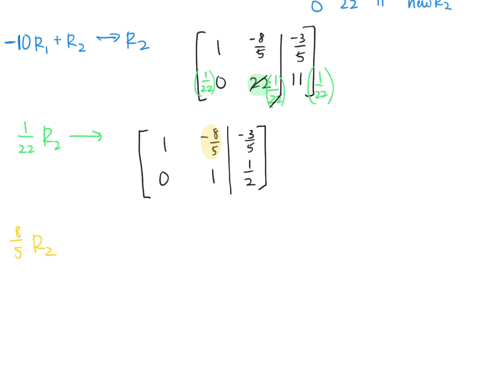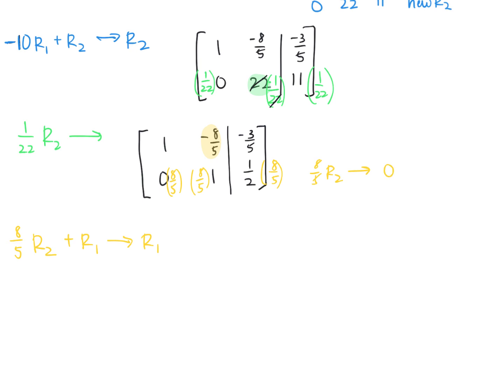Then you add it to the row you're trying to zero out, and you replace that row. So we're going to multiply the second row by 8/5 and see what we get.